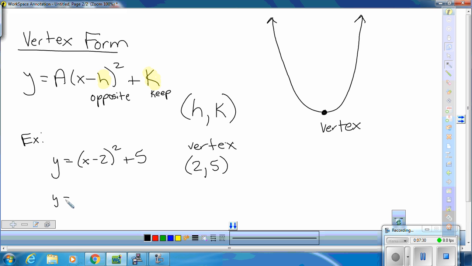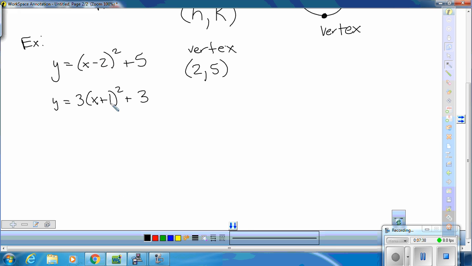If I have y is equal to 3 times x plus 1 squared plus 3, then I'm going to do the opposite of the inside, which would be negative 1, and keep the outside, which would be 3. Notice this number didn't have anything to do with it. That has something else to do with the graph.